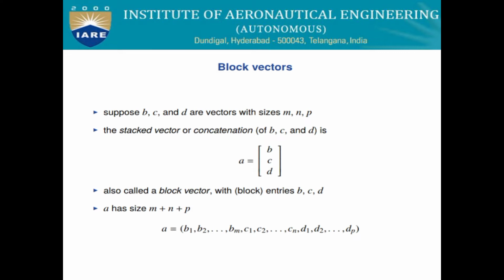It is also called a block vector with block entries b, c, d. a has size m plus n plus p. a equals b1, b2, and so on up to bm, c1, c2, and so on up to cn, d1, d2, and so on up to dp.